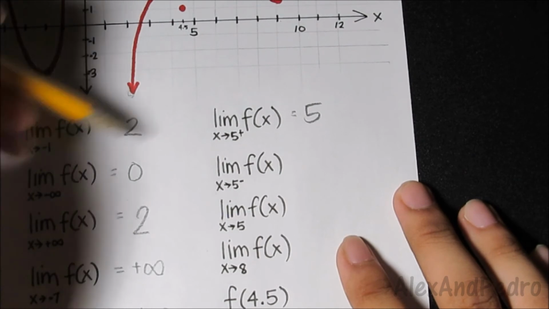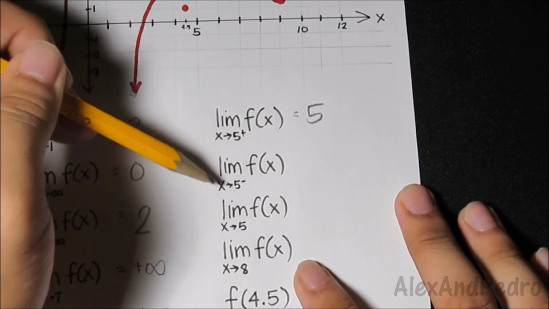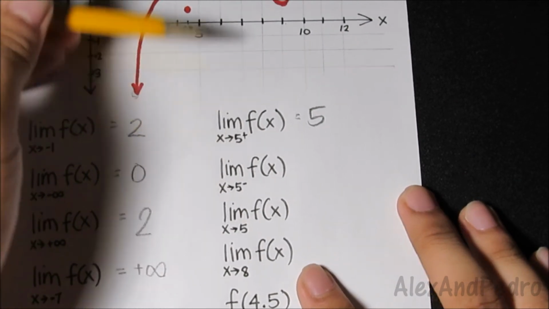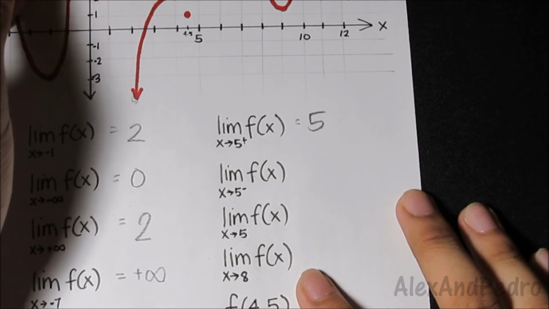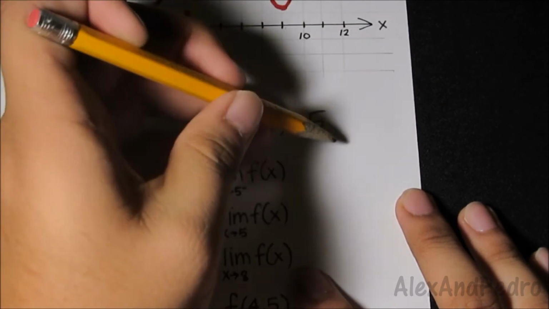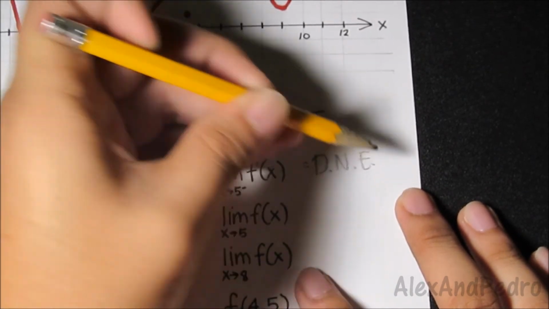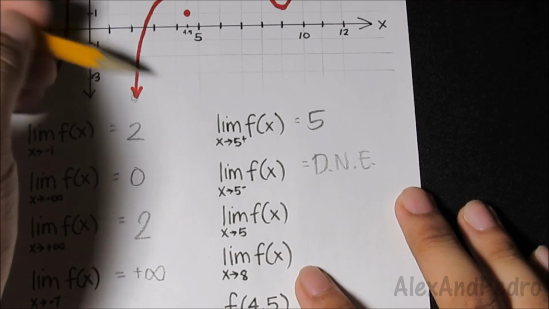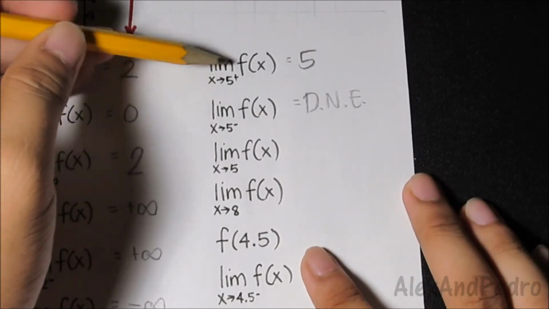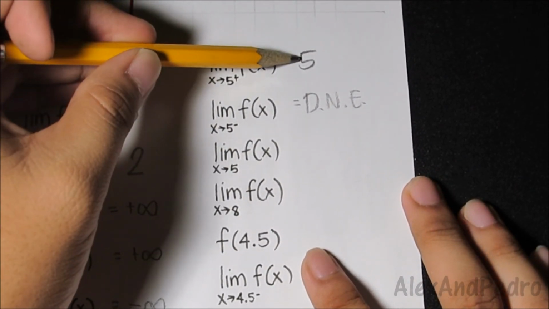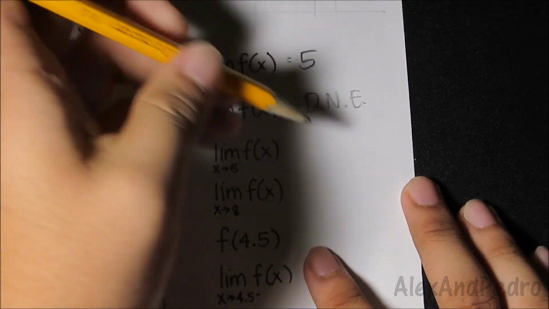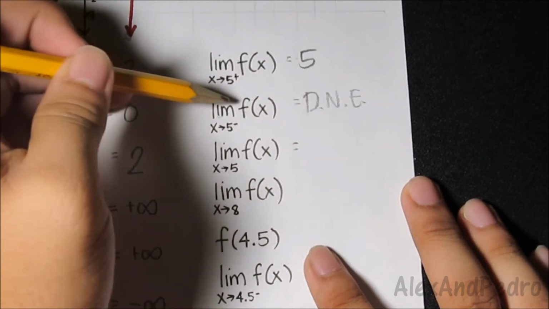How about the next one? f of x as x approaches 5 from the left. You can't. See? There's space again, except for this one. So this one does not exist. How about this one? Of course, from the right is 5. From the left does not exist. So this limit does not exist.